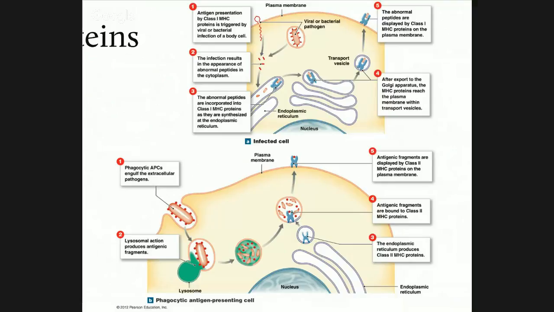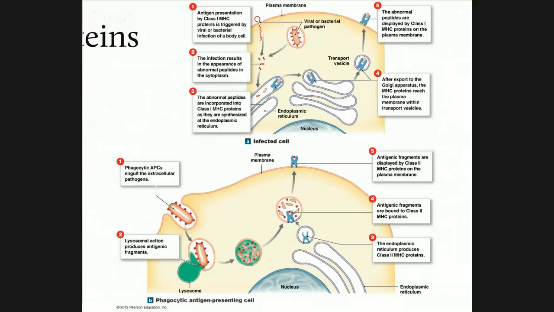In normal body cells, proteins that are going to be excreted or on the cell surface, like receptor proteins or channel proteins or pump proteins or collagen or something like that that's secreted, are going to be made in the endoplasmic reticulum, rough ER, and processed through the Golgi apparatus.